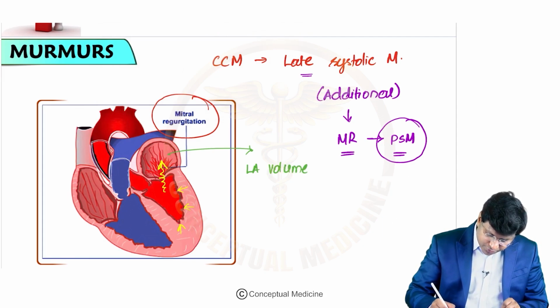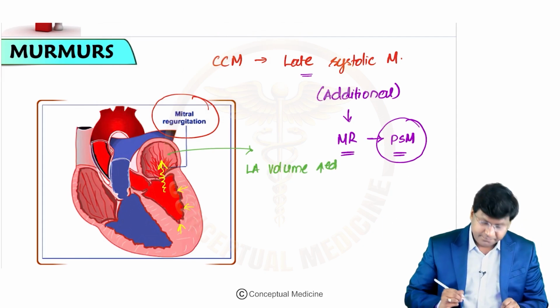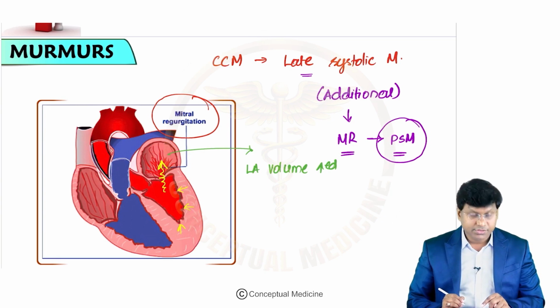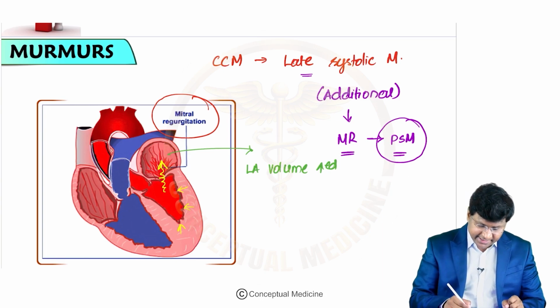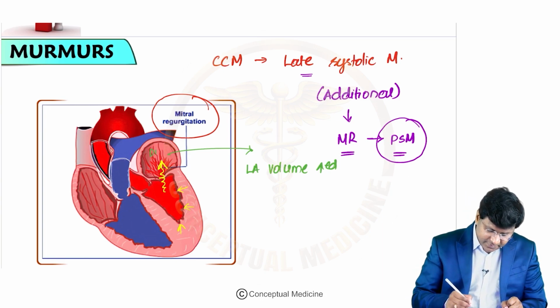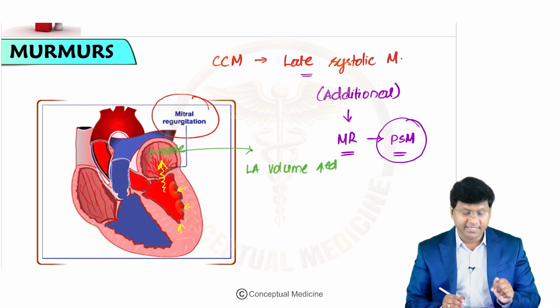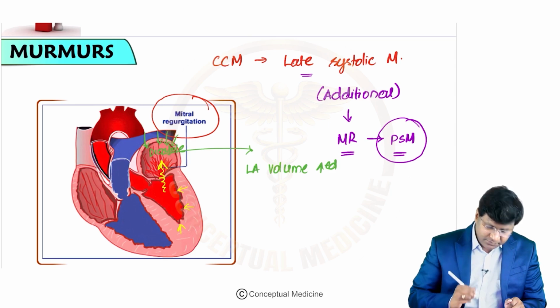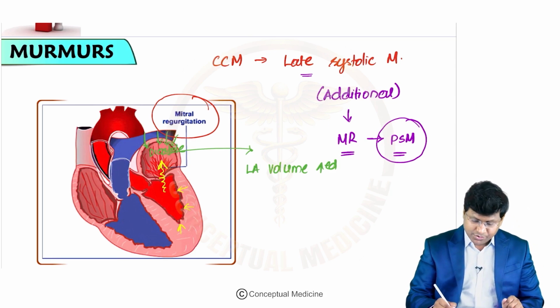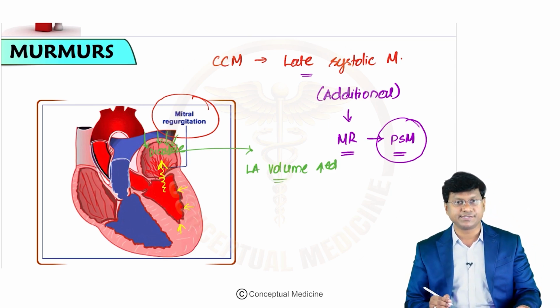The LA volume is increased. Why? Because when the ventricle is in systole, the atria is in diastole, and during that phase the left atrium will receive blood from the pulmonary veins as well as regurgitant blood. That is the reason why the LA volume is increased.